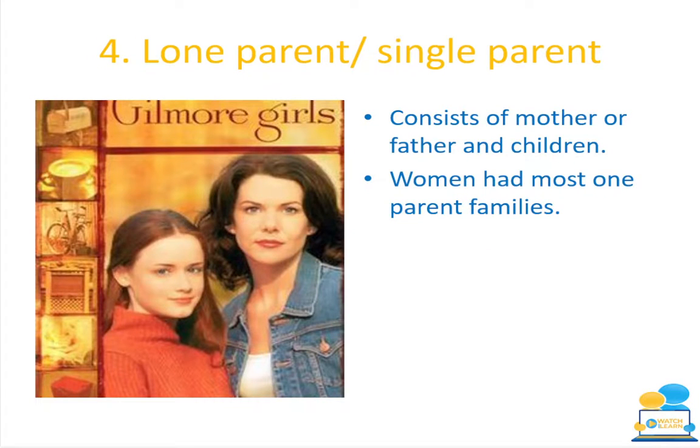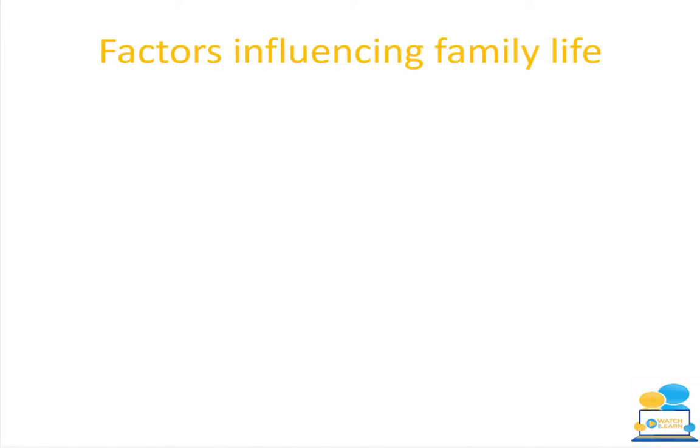Now it is as well throughout the world, but in Ireland it'd be more common to have a mum and a child rather than just a dad and a child. Now that's not to say it doesn't happen. And it is becoming more popular due to divorce and as well in certain cases death. So you need to be able to name and explain nuclear, extended, blended and lone parent families.